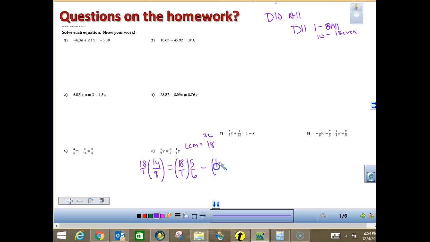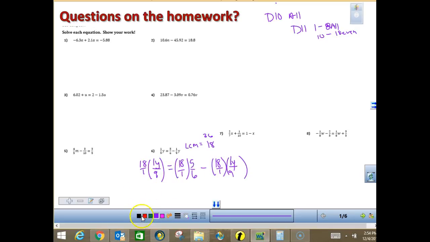Minus, I'm taking 18 over 1 times, and again, I'm going to put the y in the numerator, 1y over 9. So if I have a fraction and that variable, I always want to move it to my numerator rather than leaving it with my denominator. Okay? So I'm now looking at this problem and now I want to simplify.